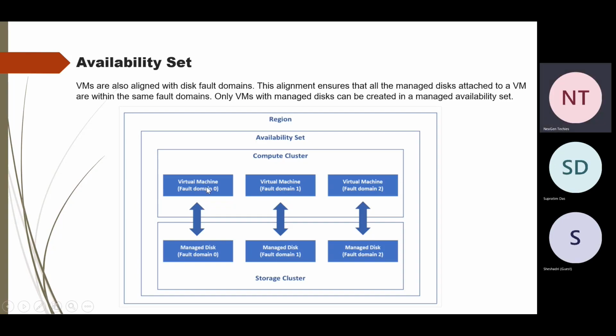Each virtual machine represents a fault domain and has its own disk within the fault domain 0. So the virtual machine of fault domain 0 has its disk within fault domain 0. Each VM in a fault domain has its own disk storage.